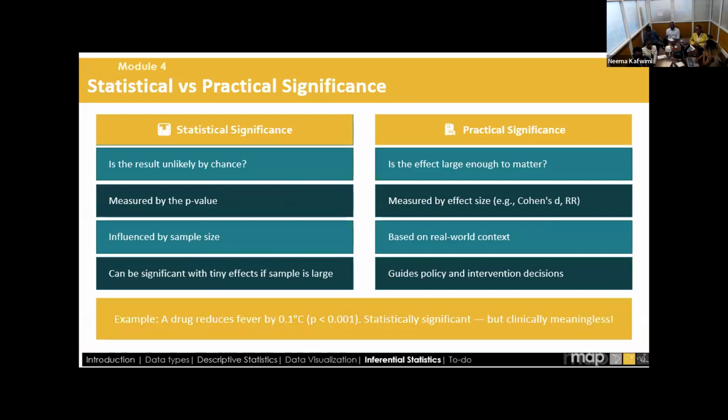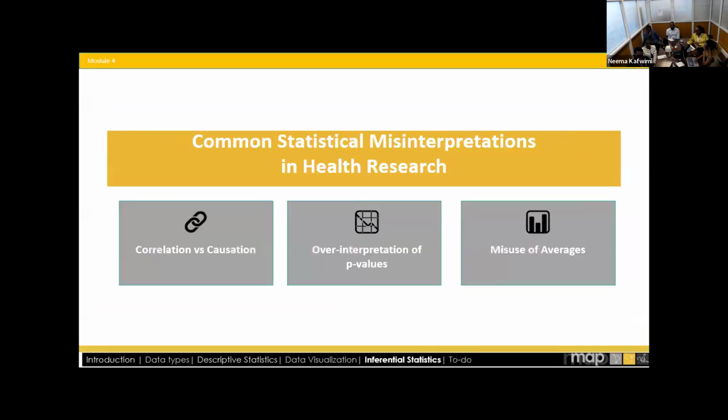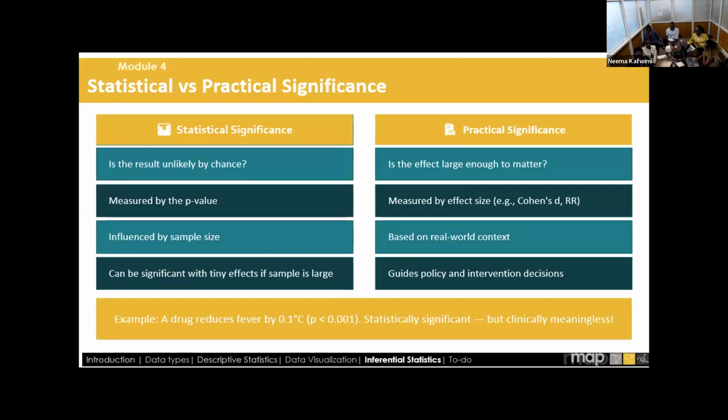Okay, let's look into statistical versus practical significance. So there are these two different contexts.